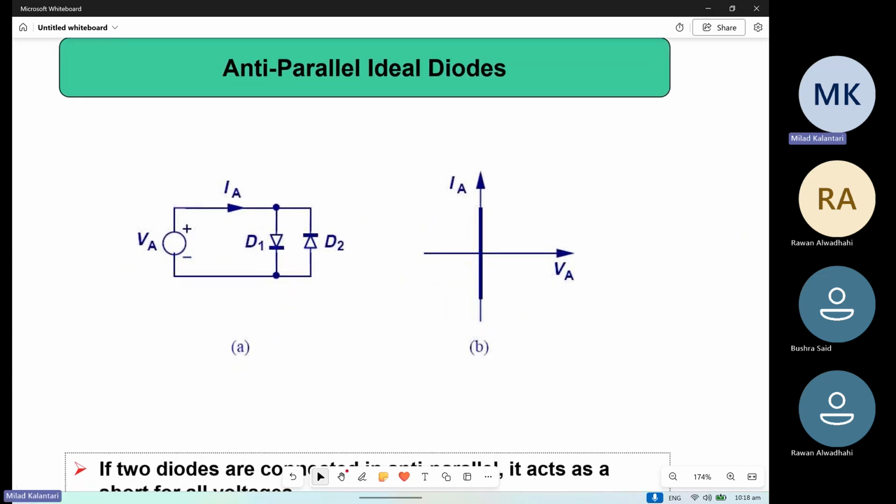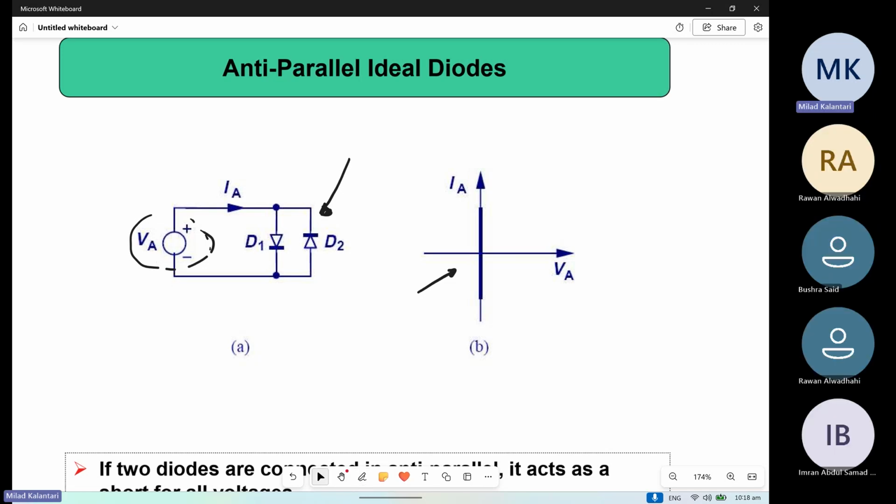So how is the characteristic of this, let's say, anti-parallel diodes? Assuming the VA is varying from negative to positive, you can assume that the VA starts from a negative voltage, like from -1, changing to +1.